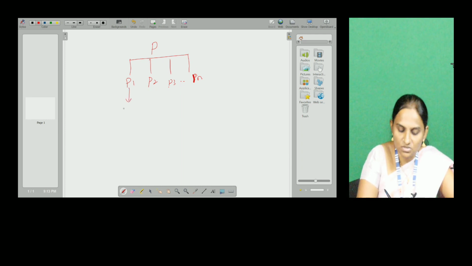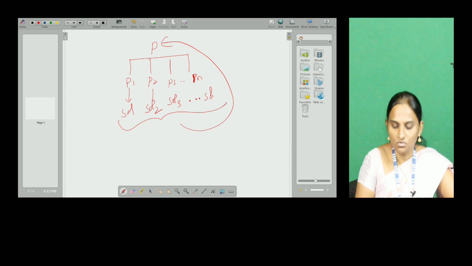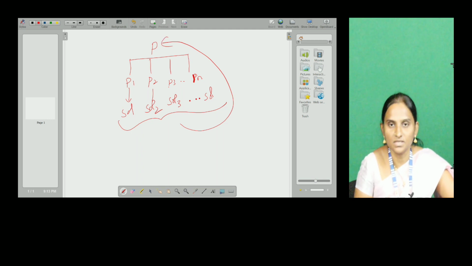Each sub-problem is solved independently. P1's solution is S1, P2's solution is S2, P3's solution is S3 and so on. We solve all the sub-problems, and then finally we combine all the solutions to get the main problem's solution. This is called the divide and conquer strategy.